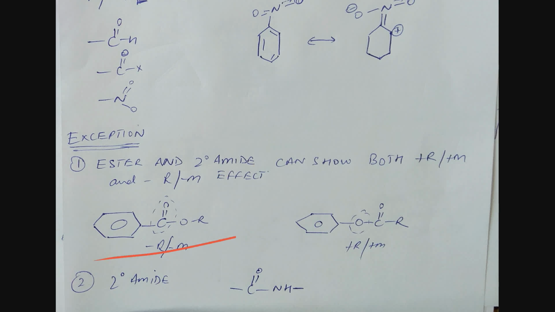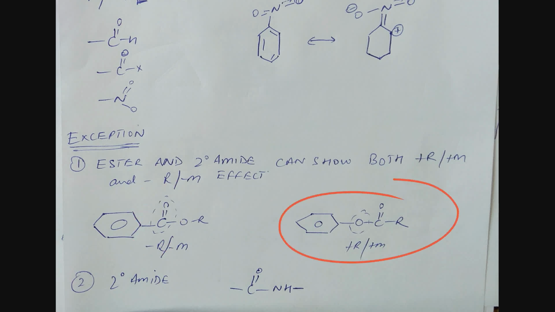Now taking ester, if I connect any group towards its C double bond O end, then it will become minus R, because, as we discussed in the previous video, there is a polar pi bond, which wants to extract electrons from its nearby group.